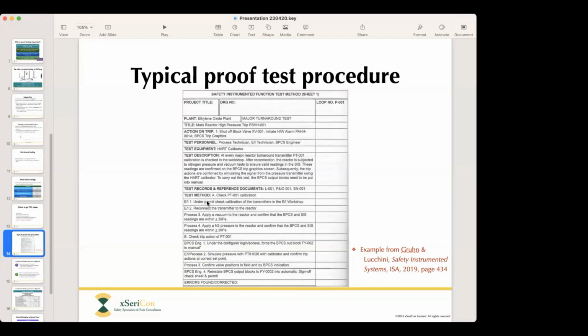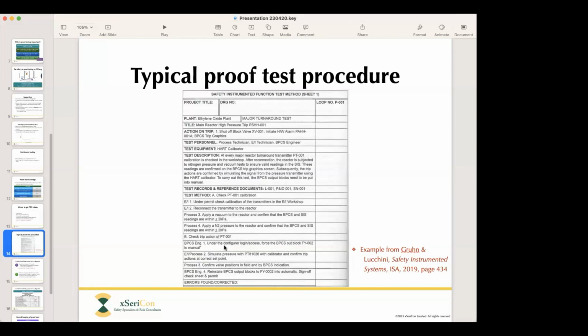So that's the first thing your proof test procedure should say, is get a permit to work and make sure that it covers all of the changes and captures all of the changes that are made for the purpose of proof testing. And you can see it takes you through step by step, checking the calibration of the sensor and then applying test conditions to confirm that the readings are correct.